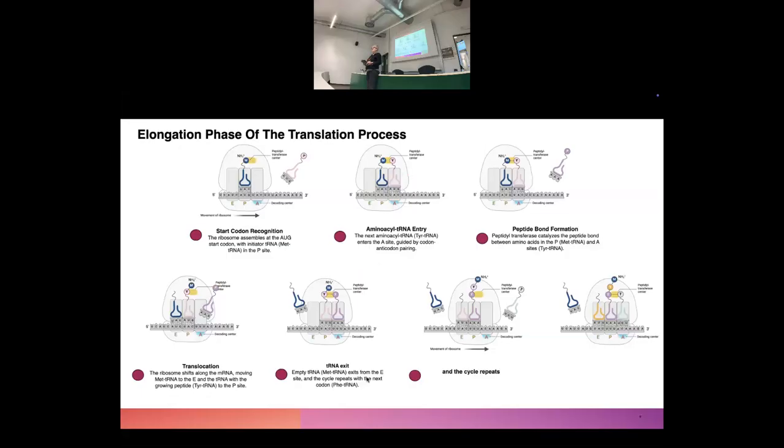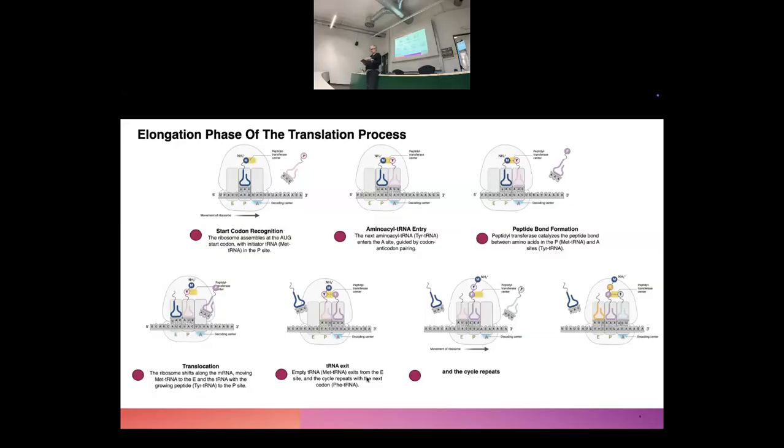tRNA, so the entry to the A site, the peptide bond formation, which is due to the peptide transferase center, which is part of the large subunit of the ribosome, the translocation, so there's sliding of the ribosome over the mRNA, and this sliding is of 3 nucleotides, which correspond to the codons.